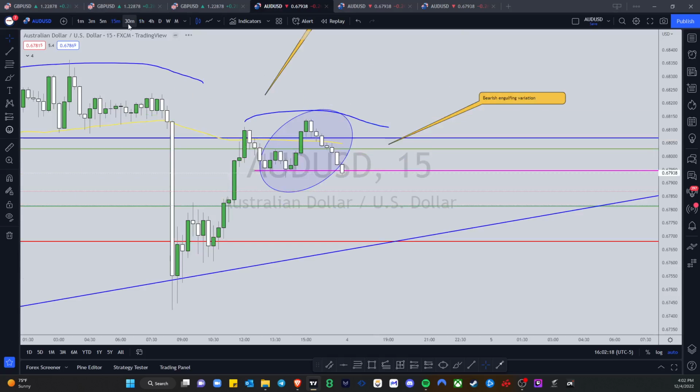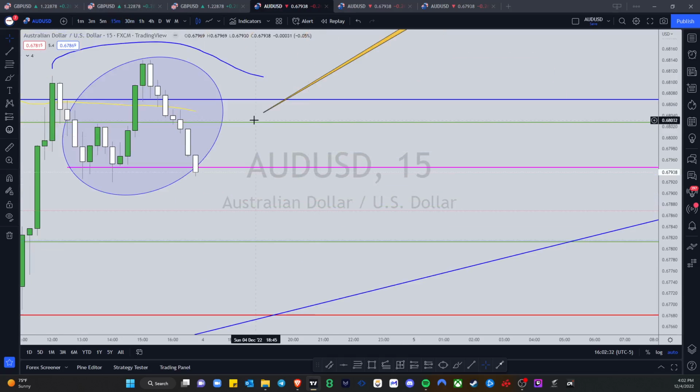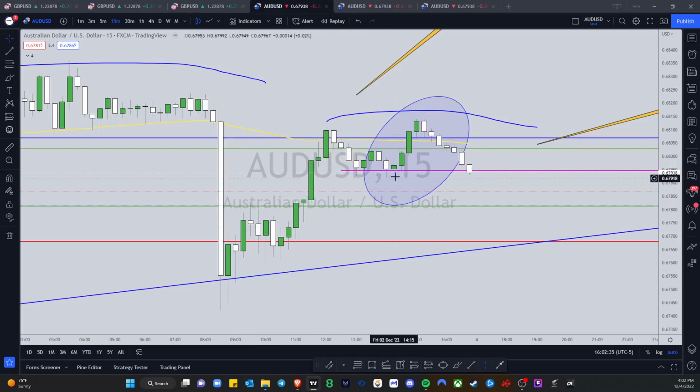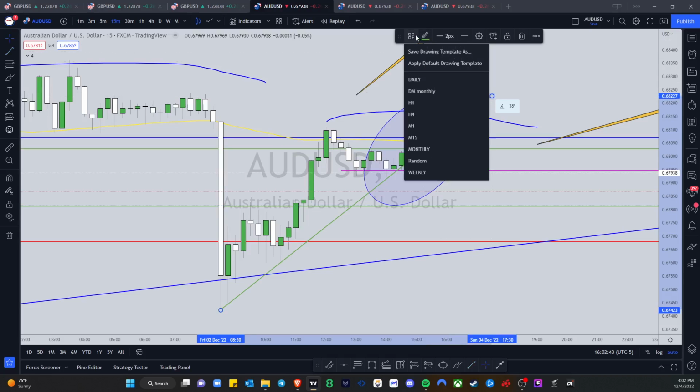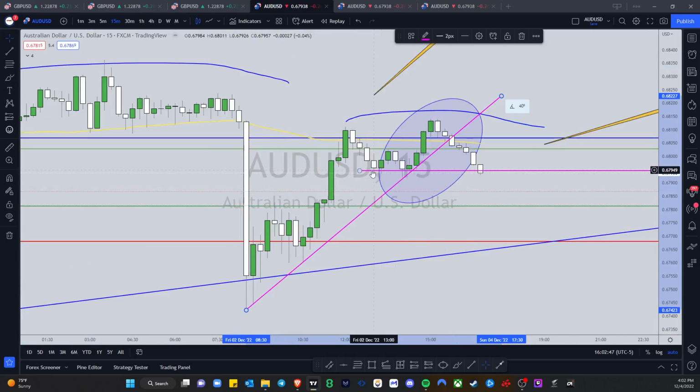If we go on a lower time frame, you could also see a bearish engulfing variation still below our MA line on M15. On M15, price did break our trend line, but did not break that support level yet.